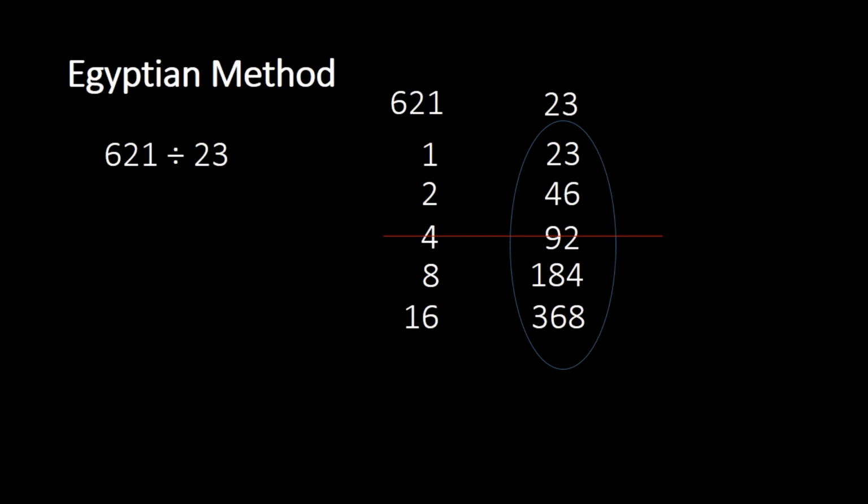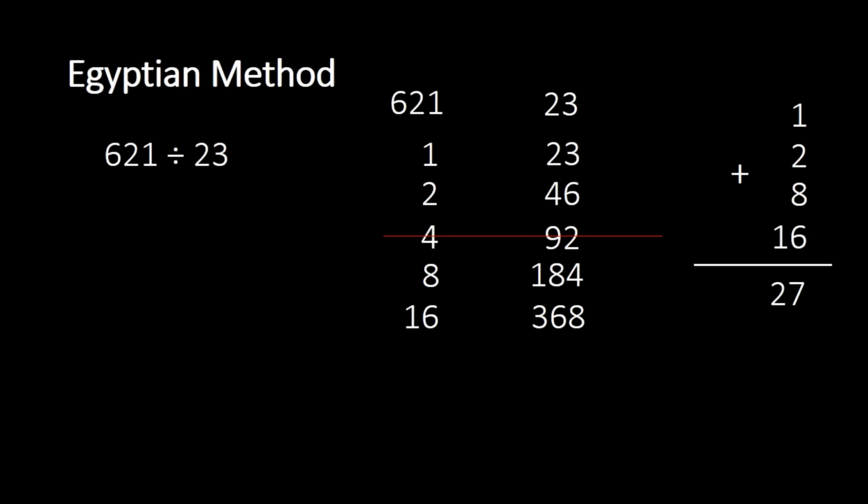Now we'll get the digits from the left hand side that are not cancelled. So 1, 2, 8, and 16, because 4 has already been cancelled, and we add those up. Now when we add those up, we'll get 27, and that's our quotient. So 621 divided by 23 is 27.